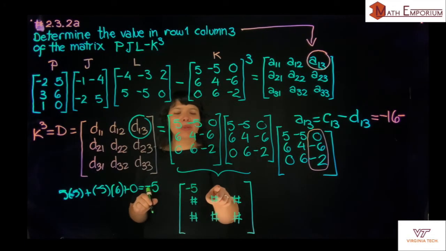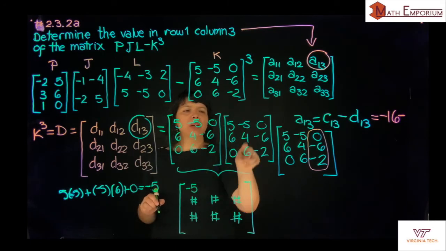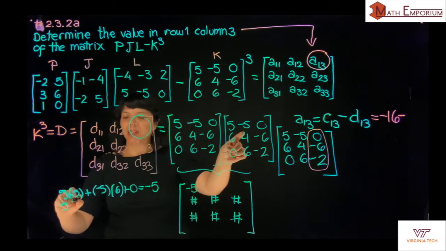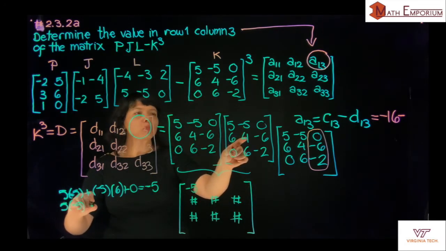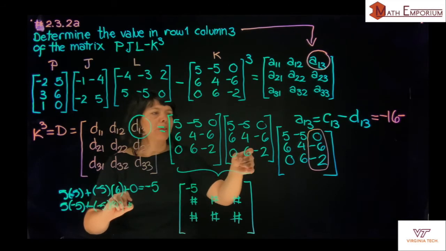So to compute the number right here in this position, we're going to do this row combined with this column. So it's going to be 5 times negative 5 plus negative 5 times 4 plus 0 again.